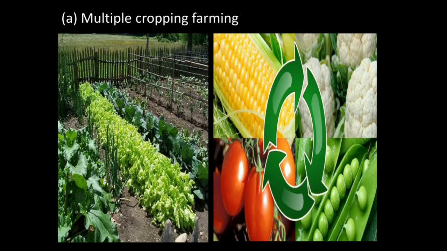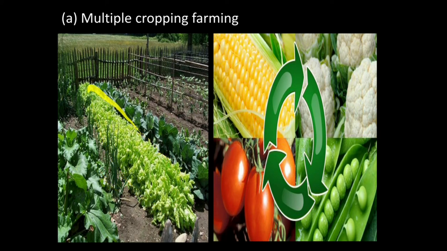Multiple cropping means you can use the same patch of land at a given point of time for producing multiple crops. As you can see here in the picture, this is a land which is used for producing multiple crops, like four different kinds of crops are visible here.